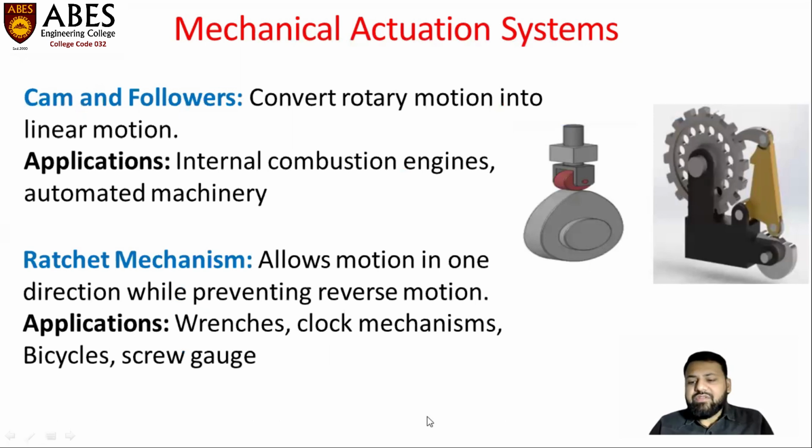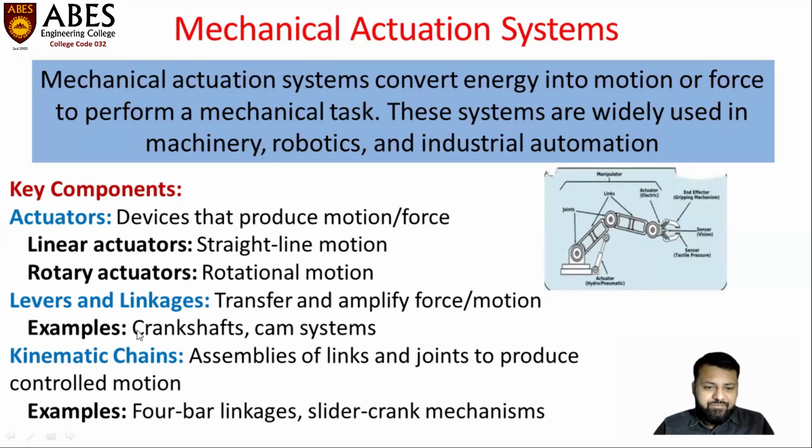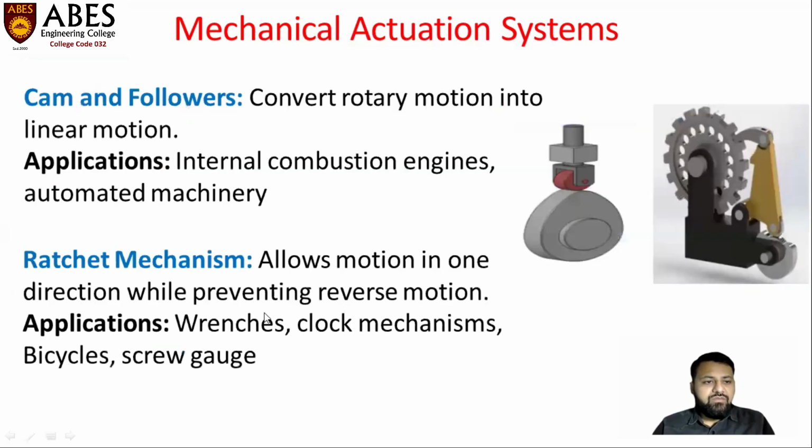Then what are cams and followers? As we have seen in the examples, the cam system, the levers and linkages. Basically, these are devices which can convert rotary motion into linear motion. Can you see this figure? If this shaft is rotating, it rotates this part which is known as the cam.